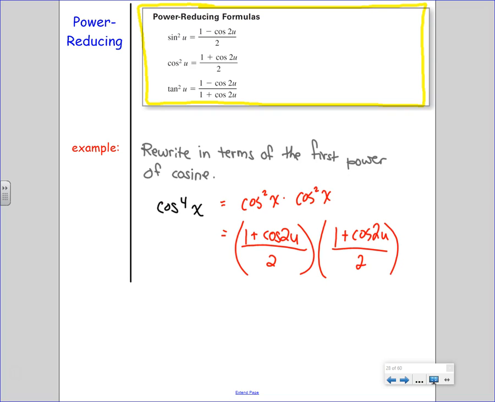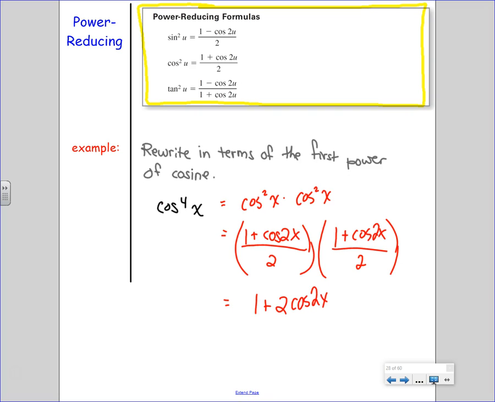If you multiply this guy out, aren't you going to have a 4 in the denominator? And the numerator, aren't you going to have to FOIL it? So you're going to get 1 plus cosine 2x plus cosine 2x, I apologize, I plugged in, that should be an x, not a u, right? A cosine 2x plus a cosine 2x, outer plus inner will be 2 cosine 2x.